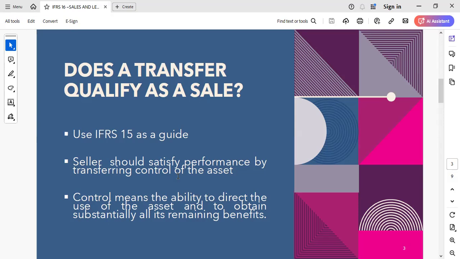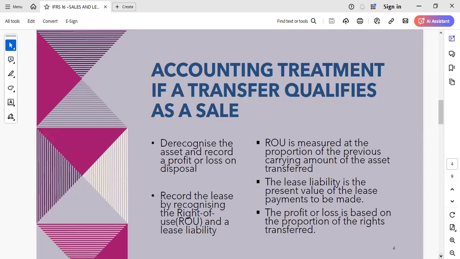And the control of the asset here is that you are able to direct how the asset is to be put into use, and the benefits that should come from the asset over the useful economic life has been transferred to the buyer lessor. In that instance, we are satisfied that a sale has taken place under sale and leaseback.